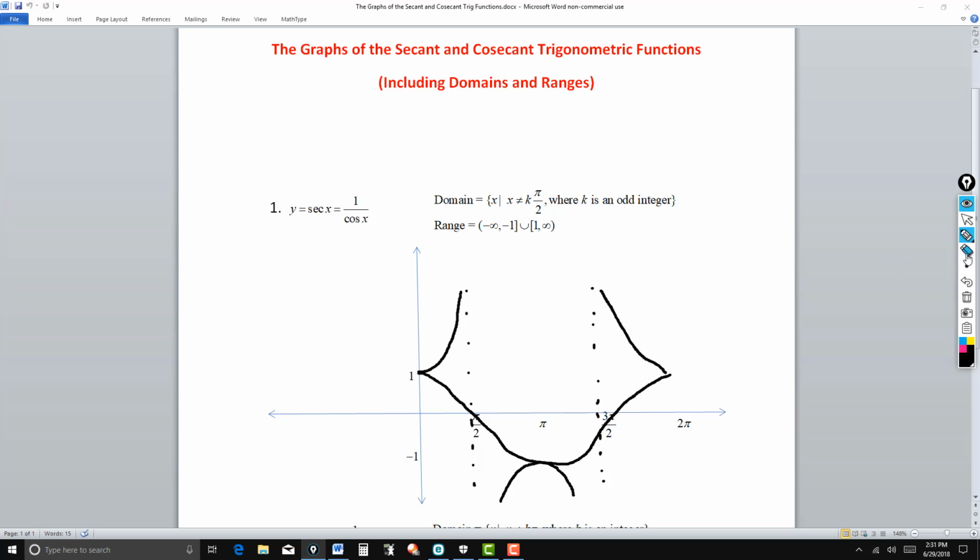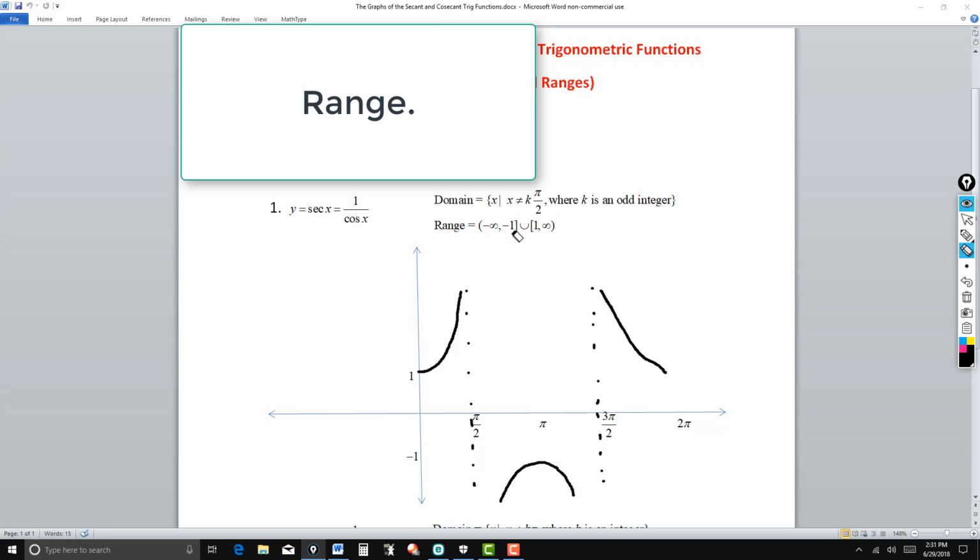Now if I go ahead and remove the cosine function, I get the graph of the secant function. Notice it goes from 1 on up, and then at -1 and everything below, nothing in between. So that's why we say that the range goes from -infinity to -1. The bracket means that -1 is included, and union, or also included, are the values from 1 to infinity, including 1.